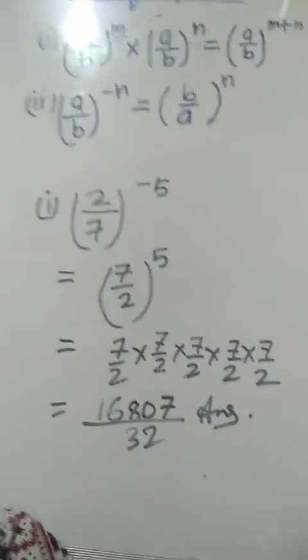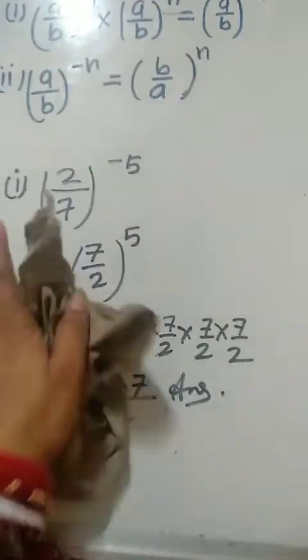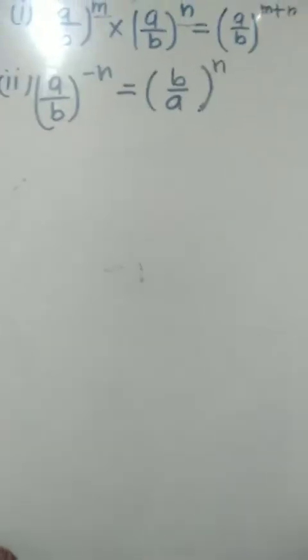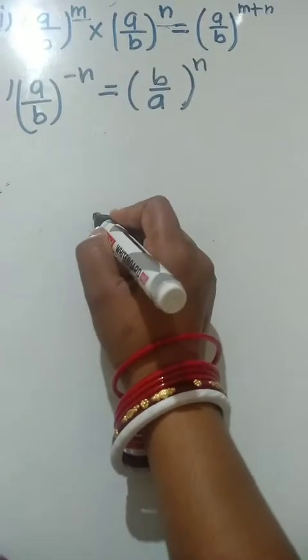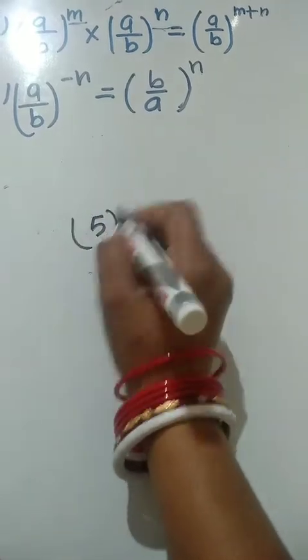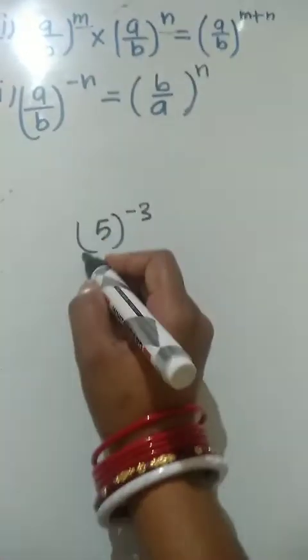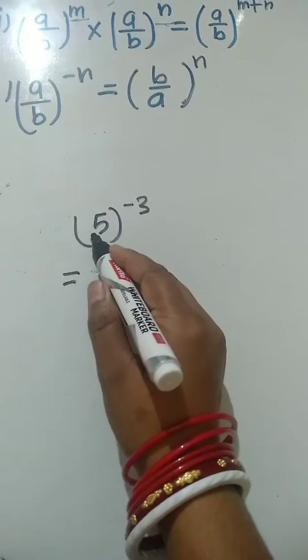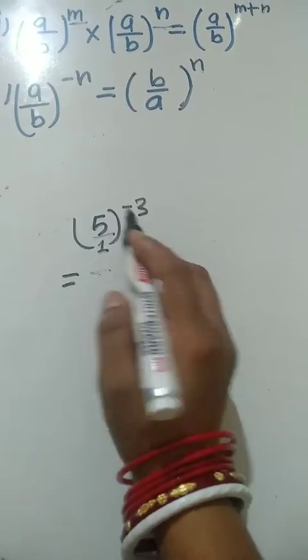So the next question is, suppose 5 to the power minus 3. We can solve this one by, this is 5 only, nothing in the denominator, that means 1 is always present. So how can we write a/b as b/a?